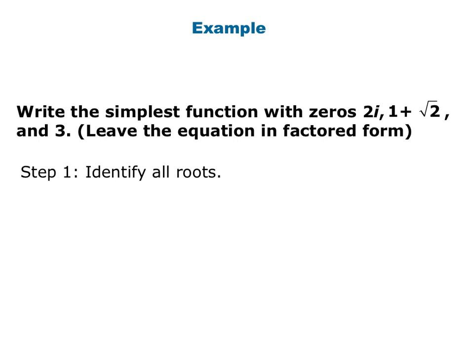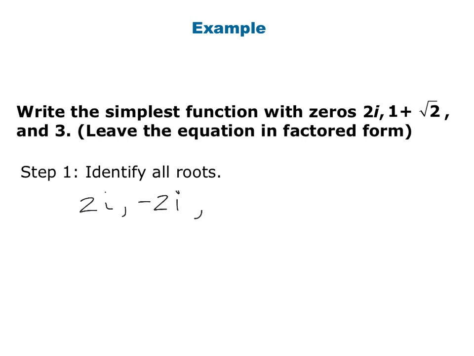Okay, now here we are given the simplest function with the zeros 2i, 1 plus square root of 2, and 3. Leave the answer in factored form. So we write the zeros: 2i. If I have 2i, then I have negative 2i.